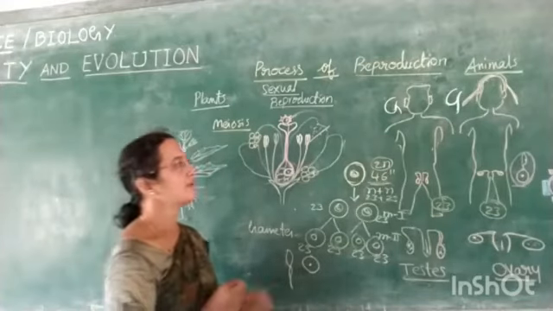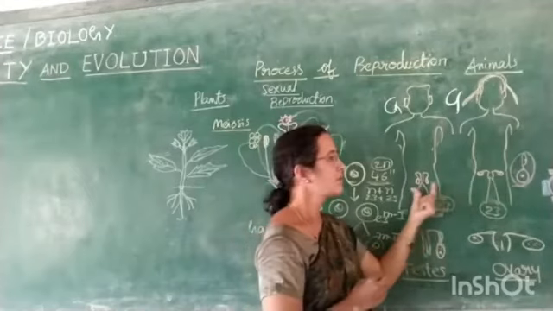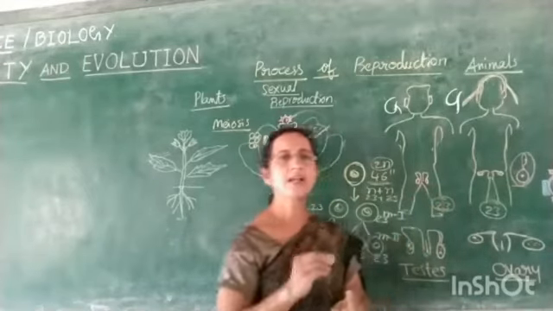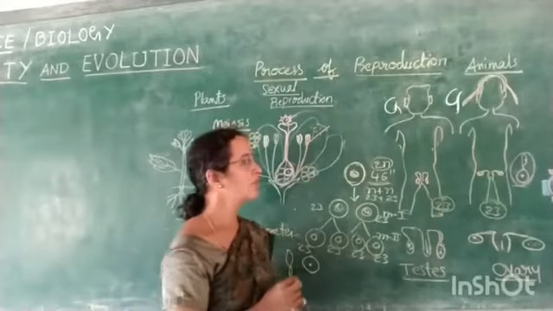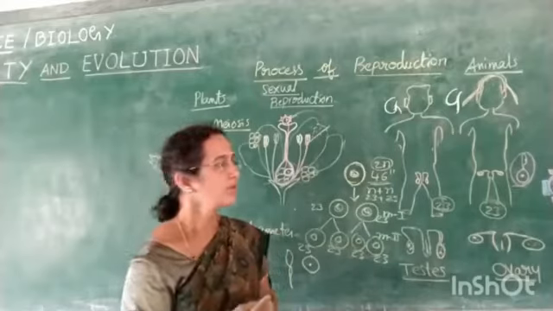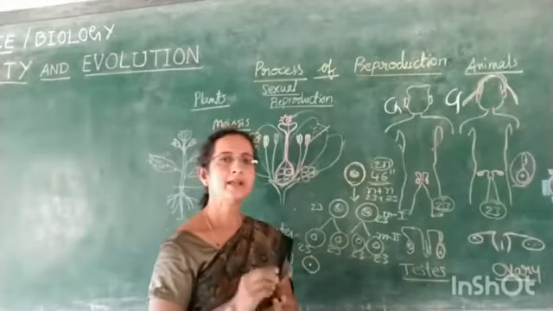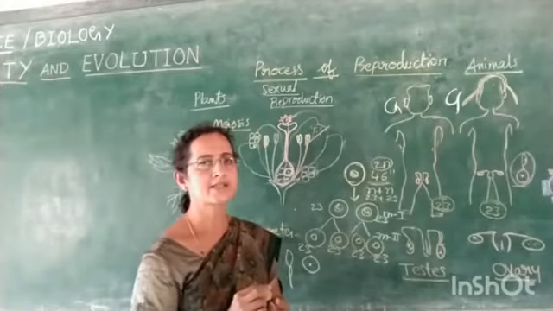When the female receives the sperms from the male, that sperm fertilizes the egg which is there in the ovary, resulting in the union of those two cells, again retaining the original chromosomal number, that is 46.